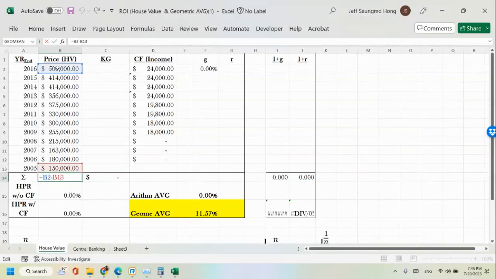So basically, the capital gains over 11 years is simply taking this and subtracting this from this, and it will give you that. Another way of doing that is annual, by taking year-to-year capital gains.